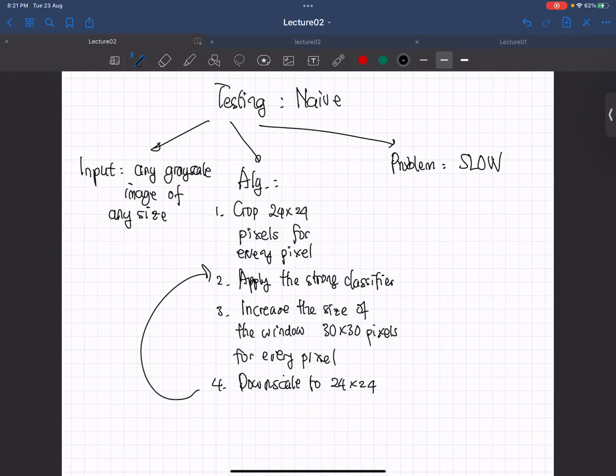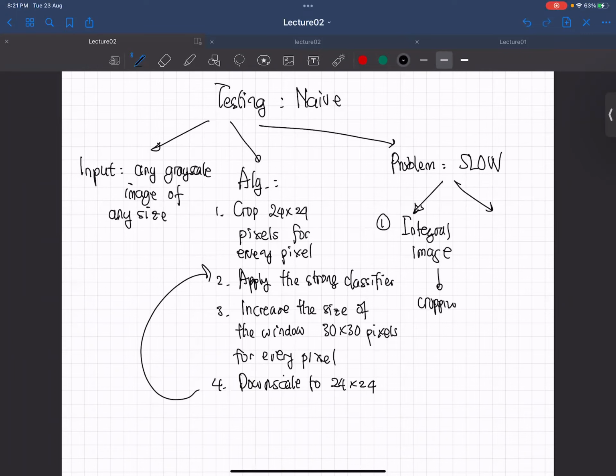And to solve this problem, there are two ideas. I mentioned this already in the beginning. One is to use the integral image. The integral image will solve the sub-window generation problem. The cropping is a problem, right?